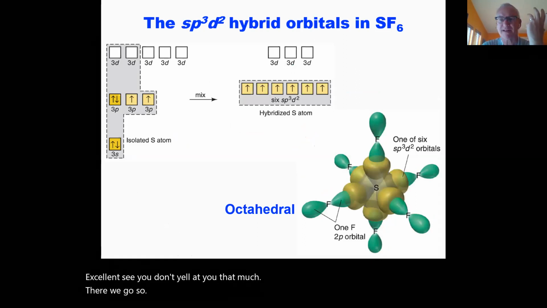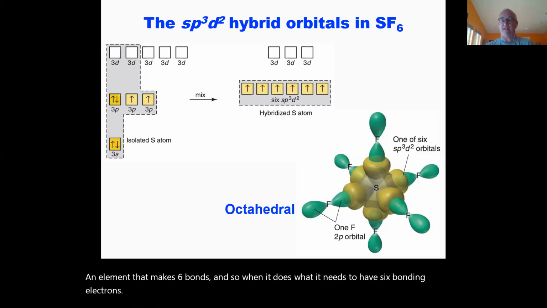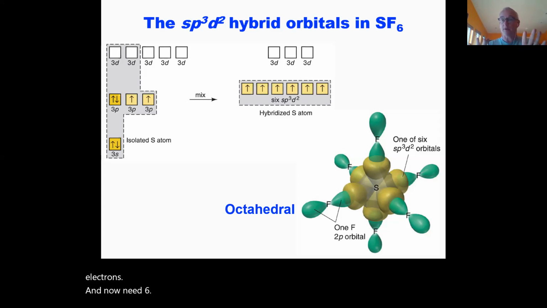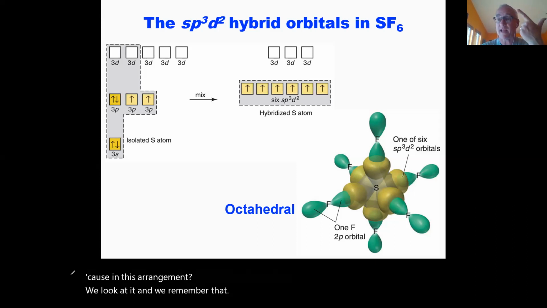So sulfur is a classic example of an element that makes 6 bonds. And when it needs to have 6 bonding electrons, it now needs 6 orbitals to put them in, right? We remember that sulfur and oxygen are in the same group, right?